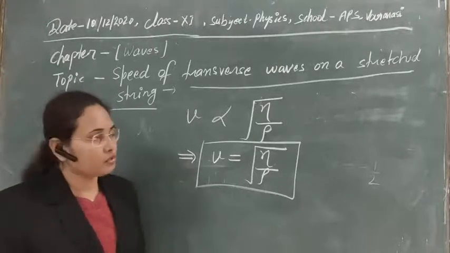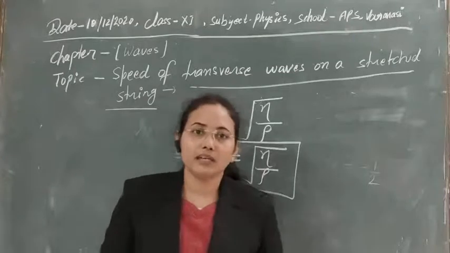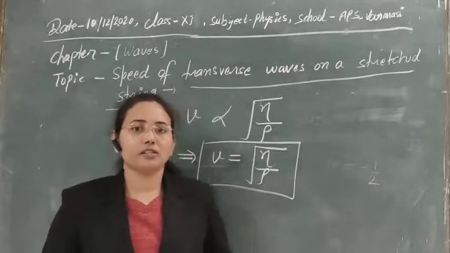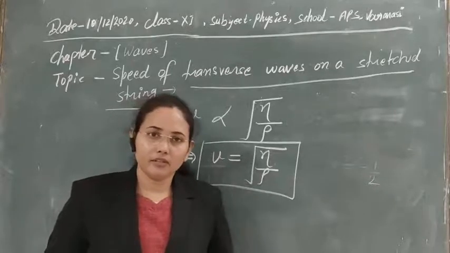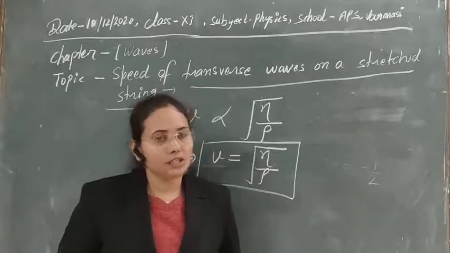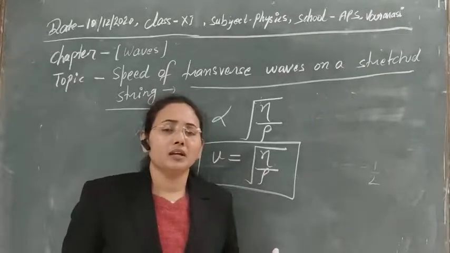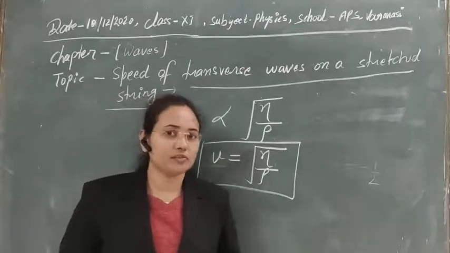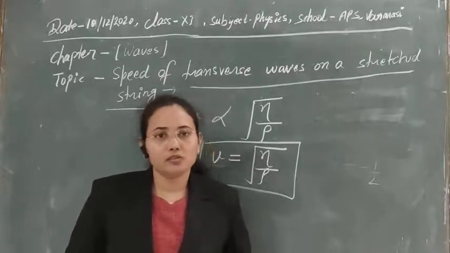So if greater will be the density of the material, then less will be the speed of the transverse wave produced in a solid. If you keep increasing the density of the material, the speed will decrease, and ultimately for a certain value of density you can see that no transverse wave can propagate in the solid.